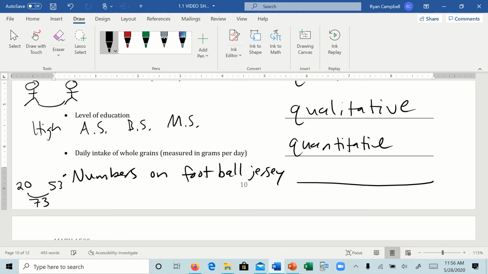What does that tell you about football jerseys? Nothing. So this number actually doesn't represent a number in a mathematical sense. It represents more of a category. There's a range for each position, and so it's really just a way to classify all of the football players. So this actually would be qualitative data. Yeah, this is a trickier one. Hopefully that made sense.